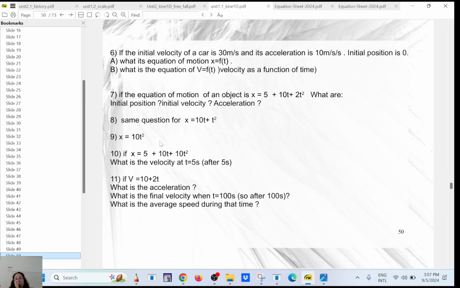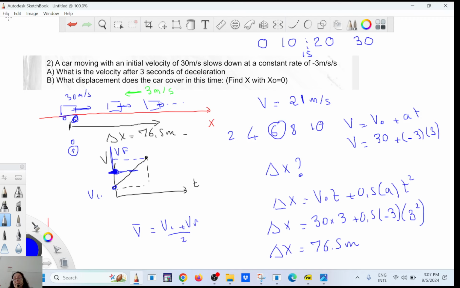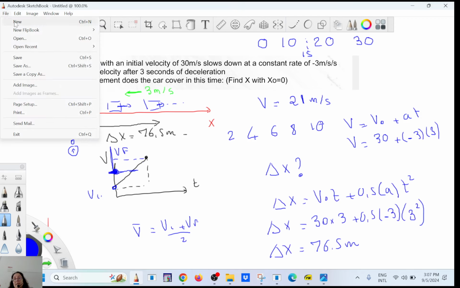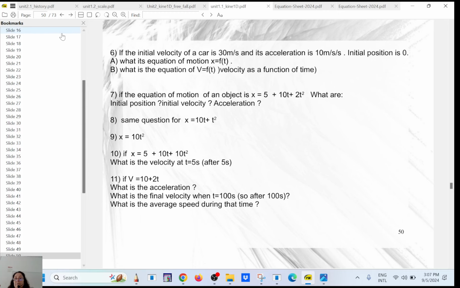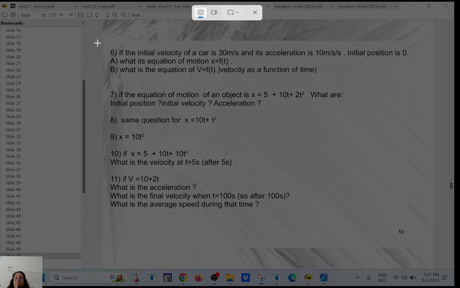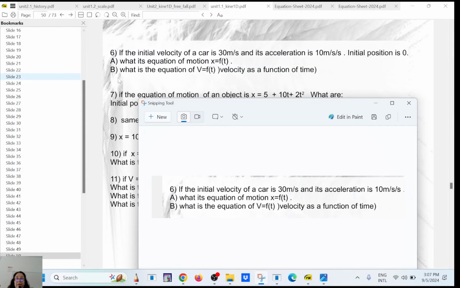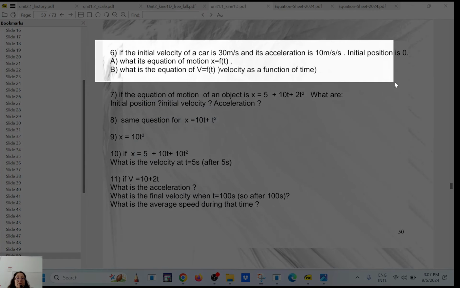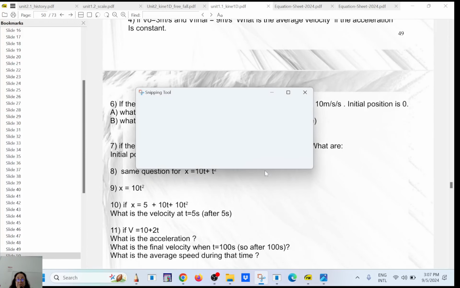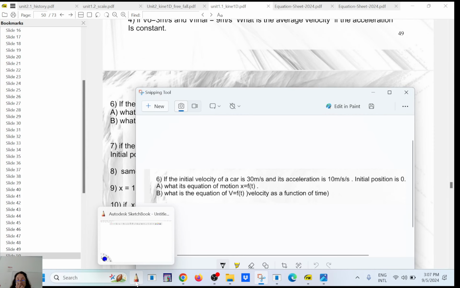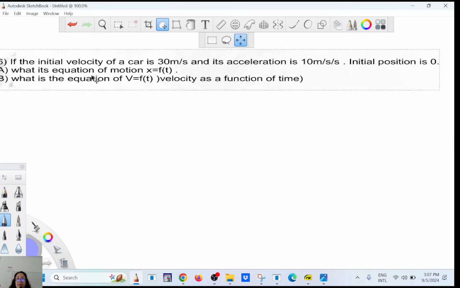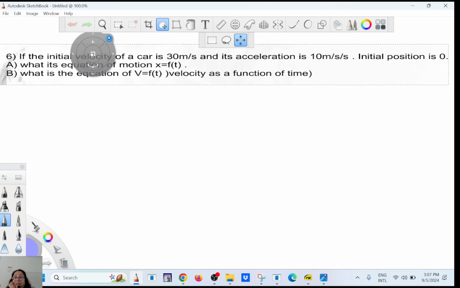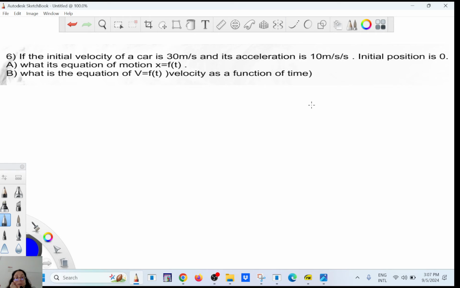Okay. Let's do this one just to make sure you understand. So look at your equation. So have your equation next to you. So what are the equations?